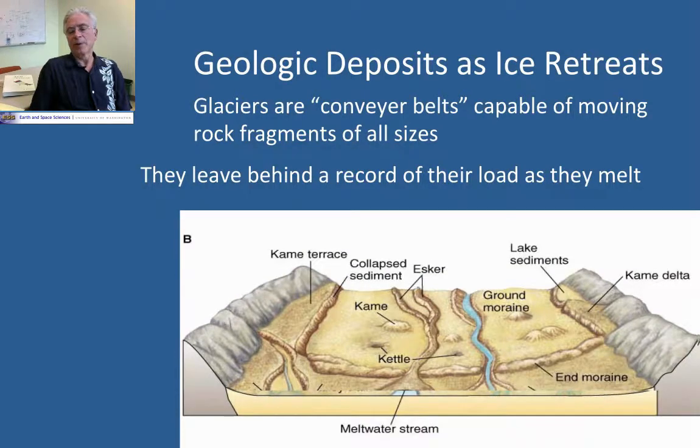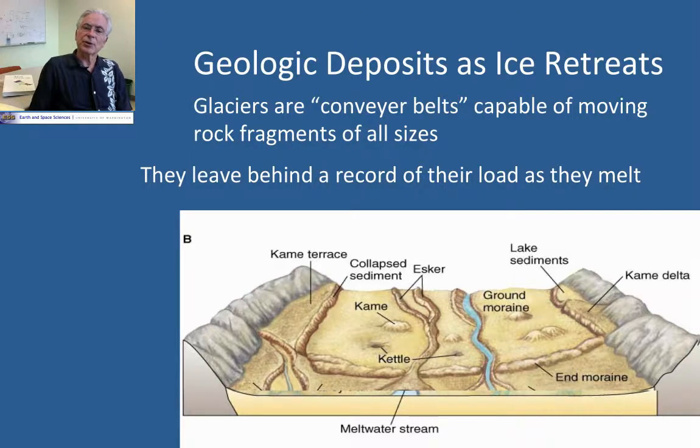So take away the ice, and the shallow surface has a collection of deposits with different names that are illustrated here. There are end moraines that record the maximum extent of the glacier. There are deltas along the edge. Kames are the deposits in the lakes alongside the glaciers.